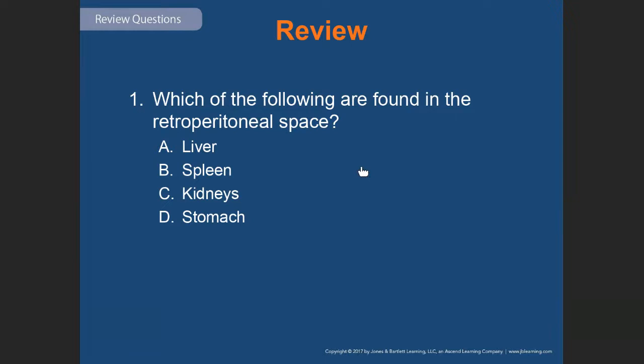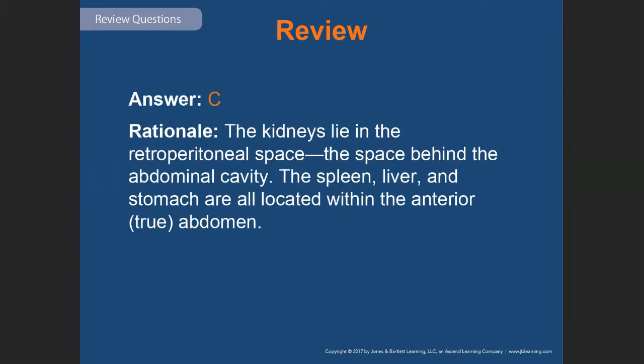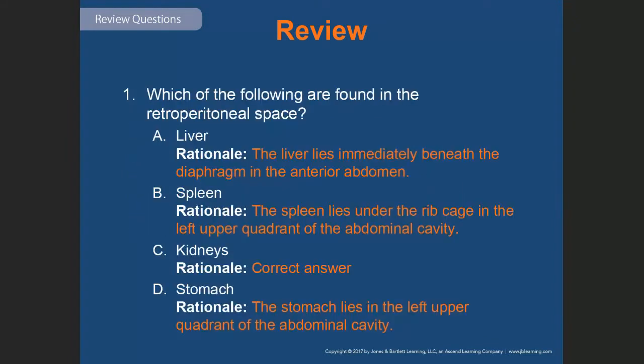Which structures would be located in the retroperitoneal space? Anybody have a response to that question? I see a B. I see C. Okay. C would be correct. Spleen is left upper quadrant. It's not retroperitoneal.